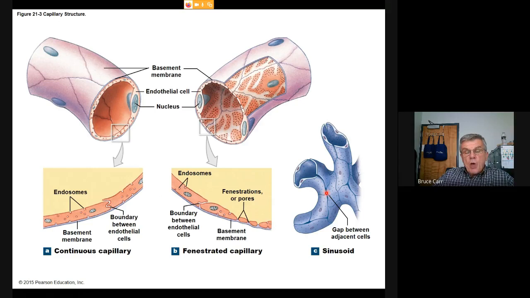These gaps would be small enough that blood cells could not get out, except, well, white blood cells actually could, but red blood cells cannot. But materials that are dropped in the vicinity can move in and join the stream of blood flow. So three types, with continuous being the common type throughout the body.